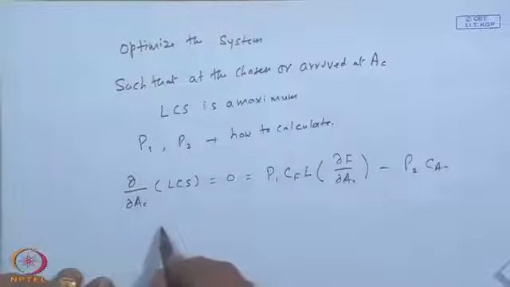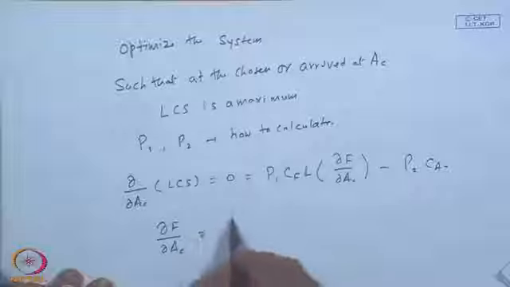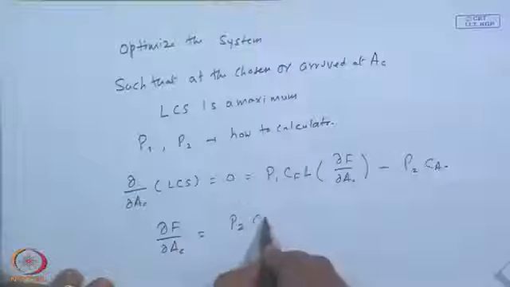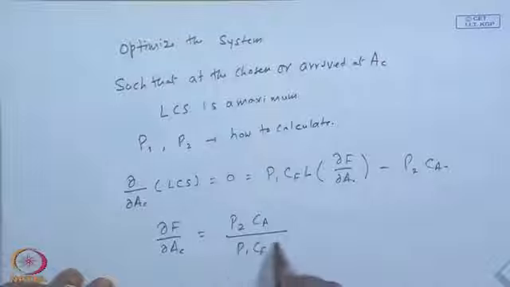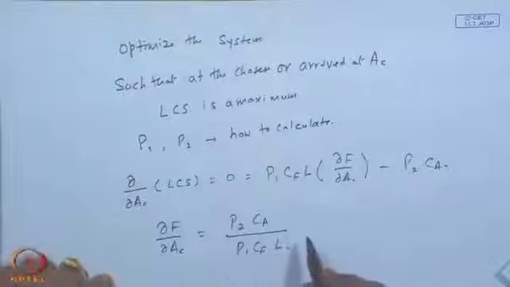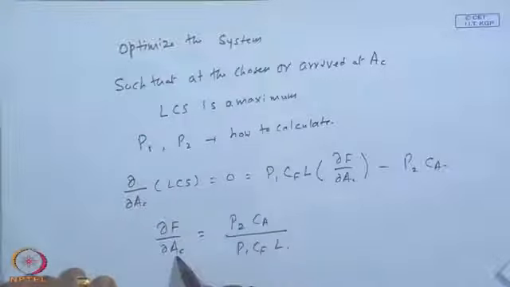So, from this you can find out dF by dAC will be P2 CA upon P1 CFL.